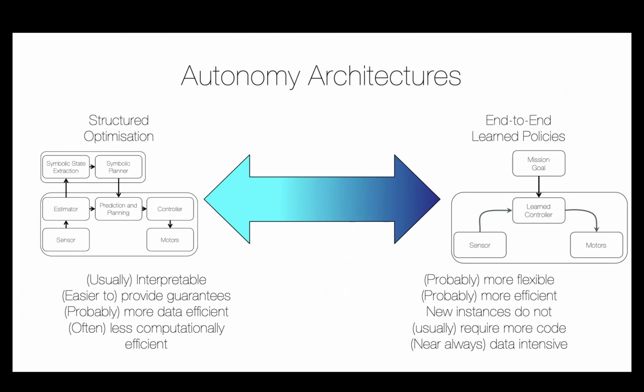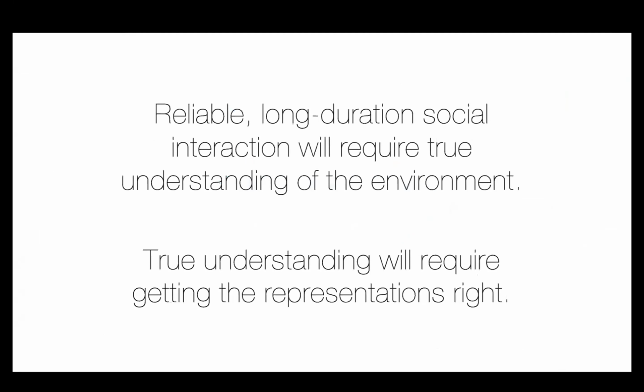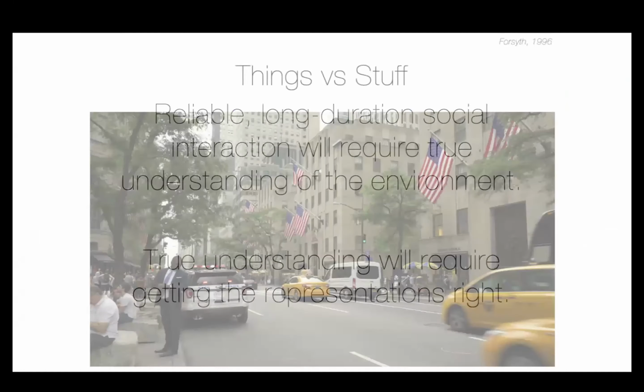How do we actually extract the right representation for the purposes of not only computationally efficient navigation, but also shared information between humans and robot partners so that they can do things like navigate and also carry out the more complicated mission I showed you earlier? And one claim that I'm going to try and make is that reliable and especially long duration social interaction requires true understanding of the environment. And what defines true understanding is really a question of what is the right representation for social navigation.